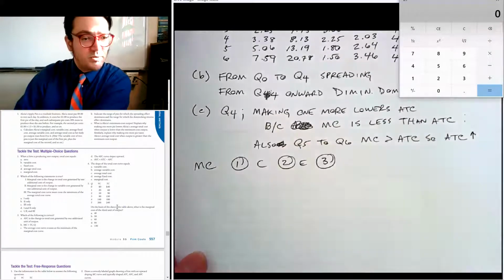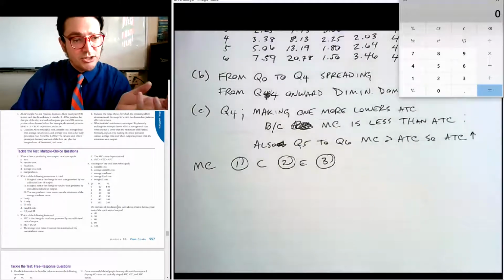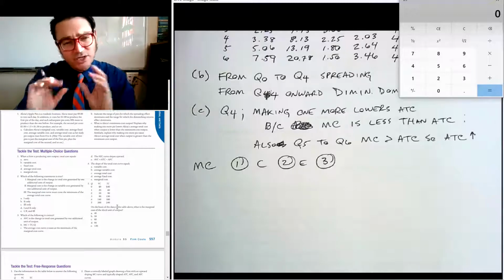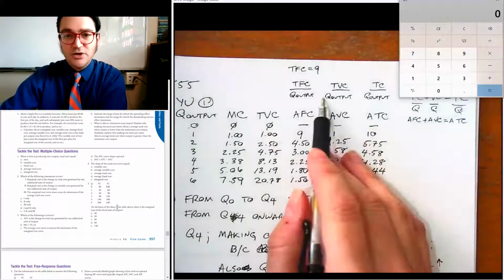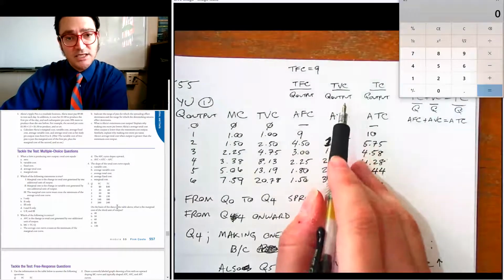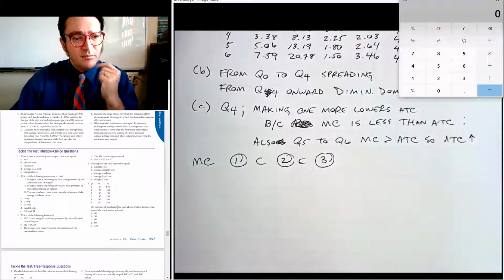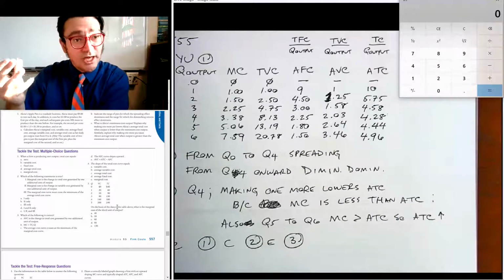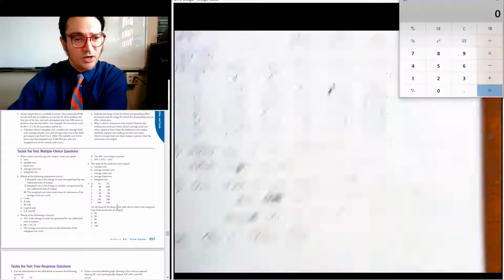Number 3 says, which of the following is correct? AVC is the change in total cost generated by an additional unit of output. Now, a change is not going to be an average, right? Notice that up here, these are just totals divided by quantities. Changes are going to be the marginals. So statement A is not correct. B, marginal cost is total cost over quantity. That's not correct. Marginal cost should be a change, right? TC over Q is just average total cost.